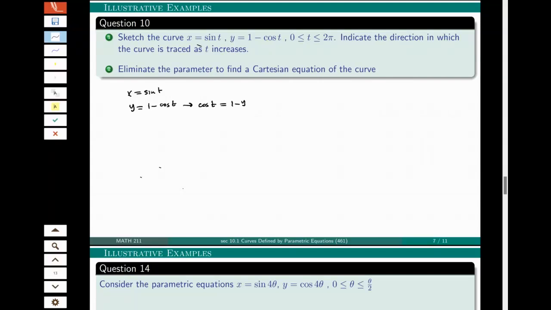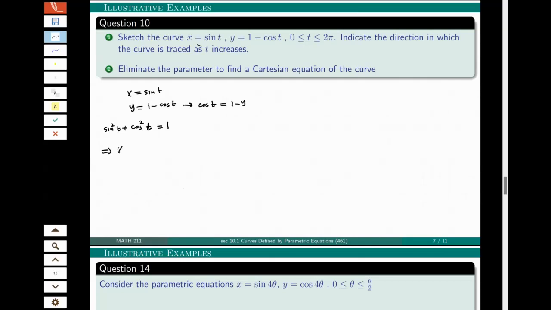We know in math that sine squared plus cosine squared is equal to 1.